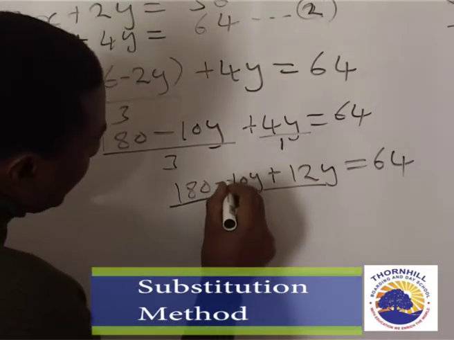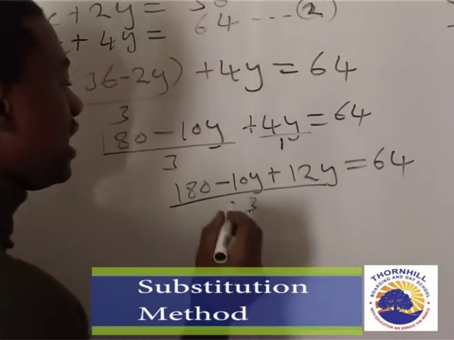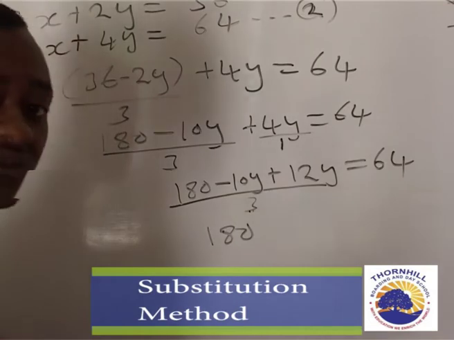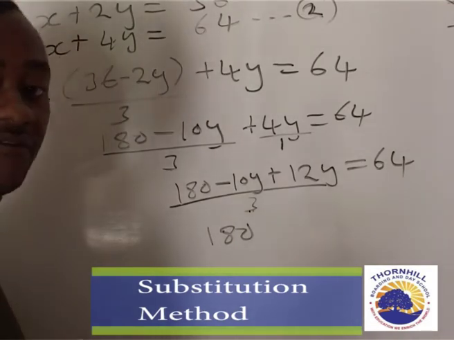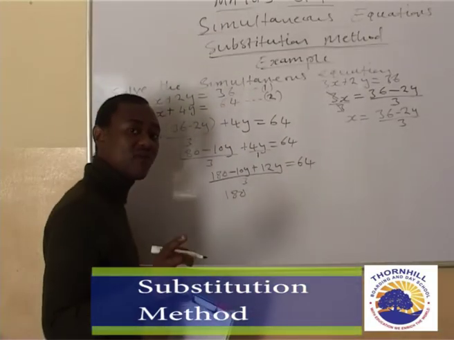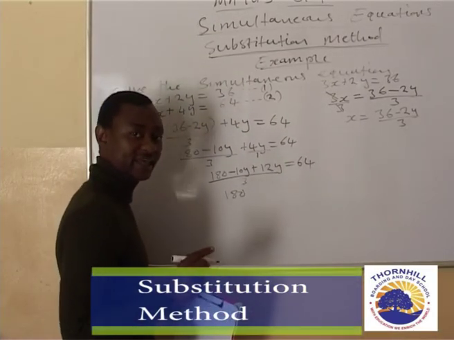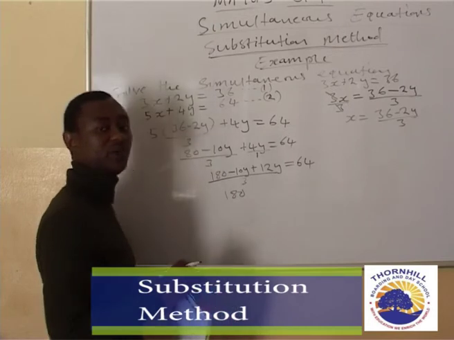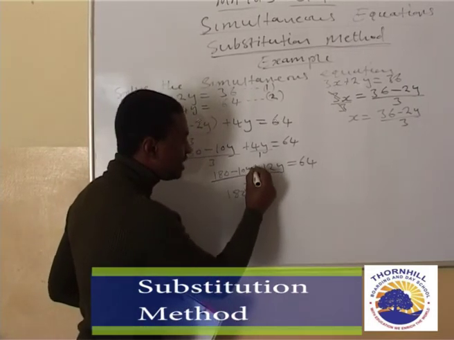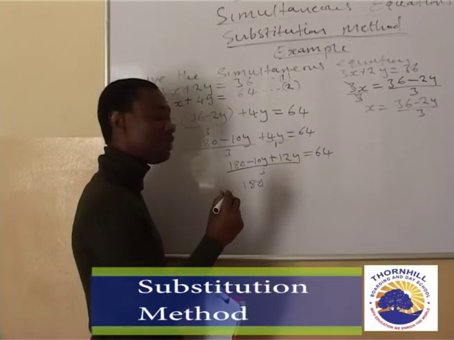Now, negative 10y plus 12y, we have a negative and a positive, meaning that we're going to subtract and put the sign of the bigger number.